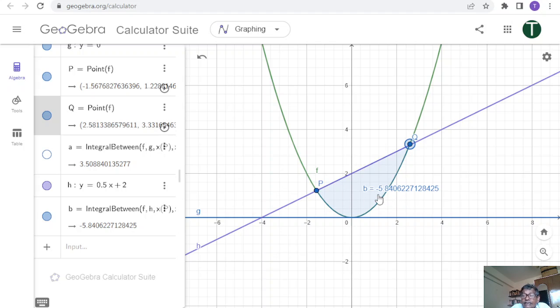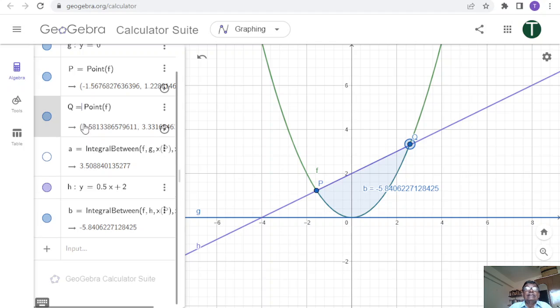It is indicating minus because you have done f minus h. You have done the first function minus h. You should just keep that in mind. Hope you have understood this. And this is how things go on in calculating the area under a curve.